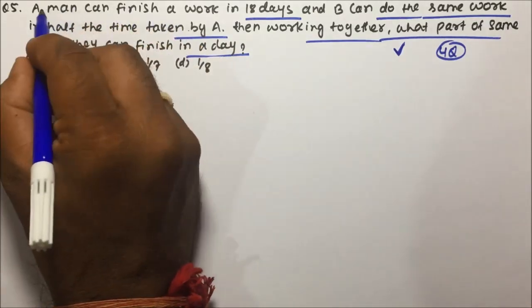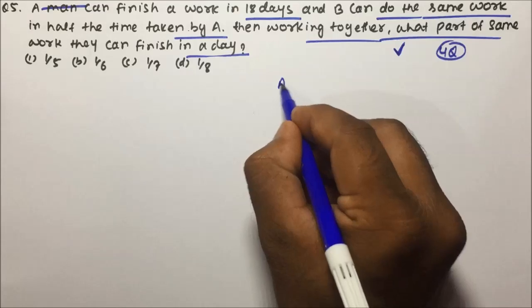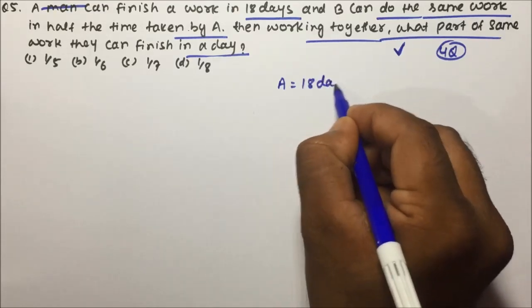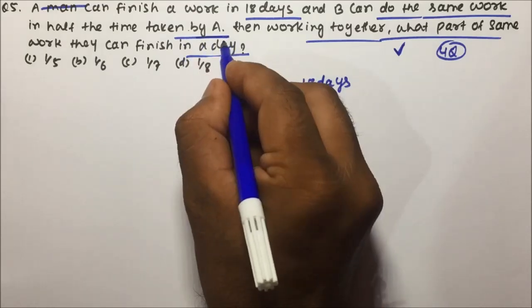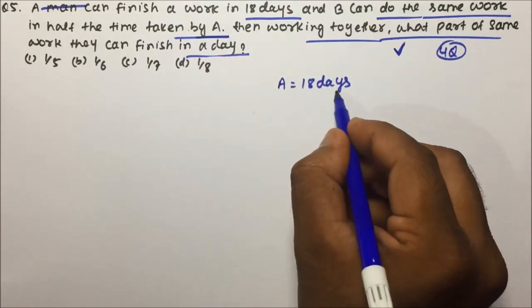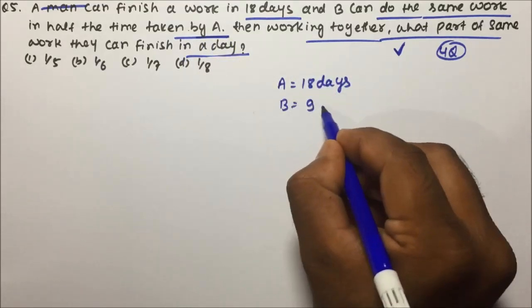A can finish a work in 18 days and B can finish the same work in half the time taken by A. So A is taking 18 days, so B can finish this work in 9 days.